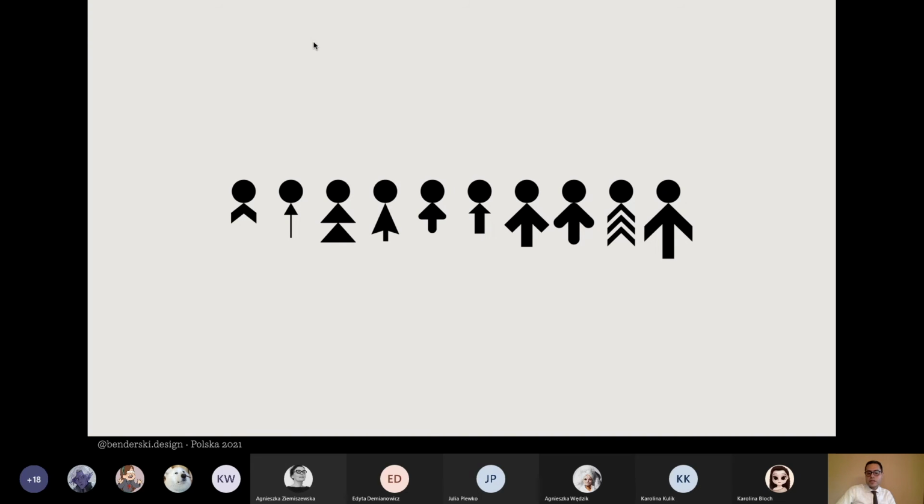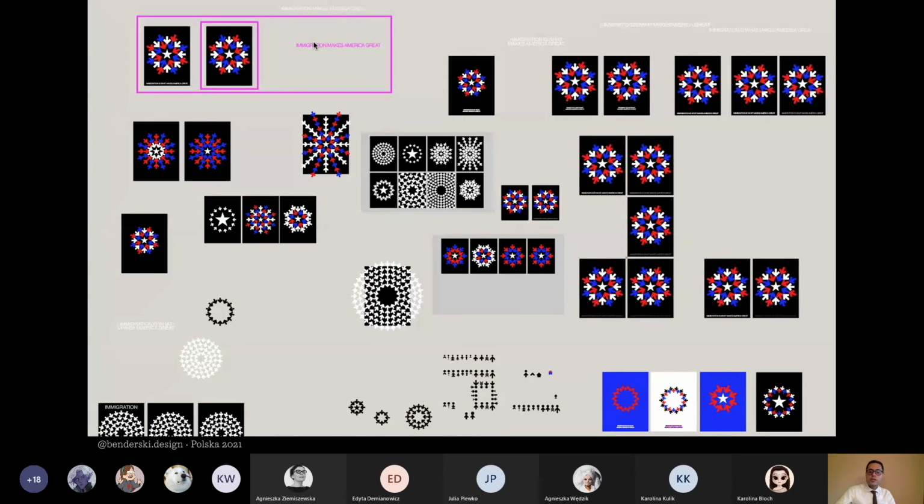The first idea that I had was maybe I could represent people using an arrow and a circle as their head. It didn't work out. It wasn't a good idea, but the arrows were. So what you see here is the actual Illustrator file with all the different options that I created.